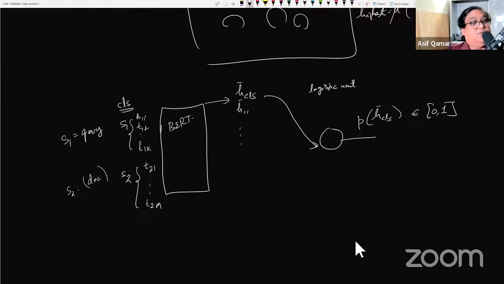We can train it to do that, right? To predict the relevance of this document to this query. And it does a very good job of it.